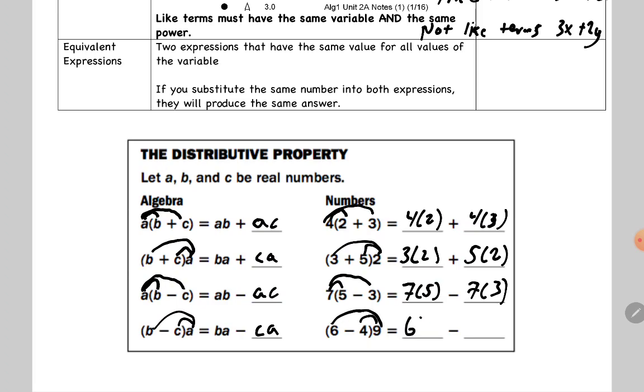Six times 9 minus 4 times 9. And then the left side of this equation and the right side of this equation are considered equivalent expressions. You'll get the same answer. Well, if they had a variable, they would have the same answer.